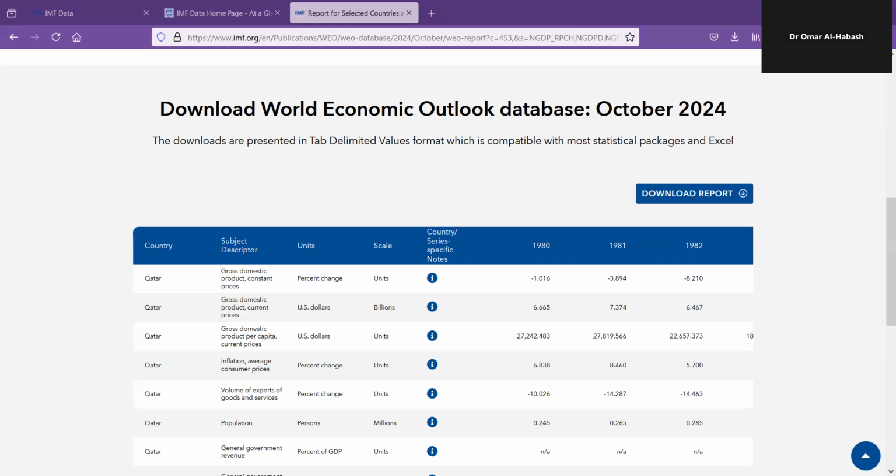Current account balance, this is in US dollars, and I forgot to say it is in billions, just to know the size of the economy. So 2023 it was 36.47 billion.